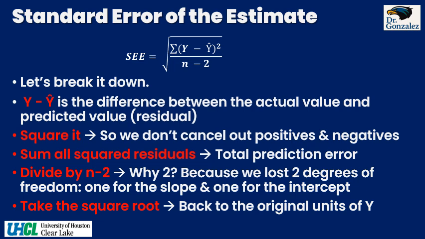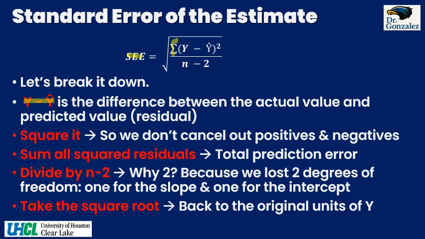So you need to understand that as part of that calculation, Jamovi is going to use a formula to calculate the standard error of the estimate. So that standard error of the estimate is the square root of the sum of y minus y hat squared divided by n minus 2. That y minus y hat, that's your difference between your actual value and your predicted value, and we call that a residual, okay?